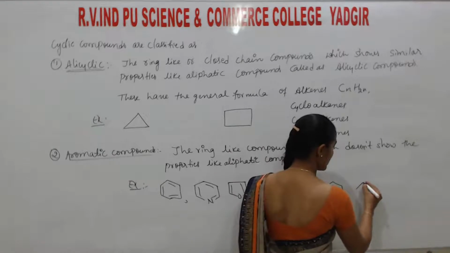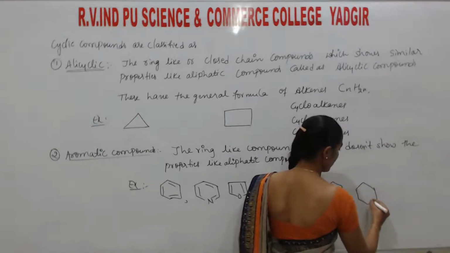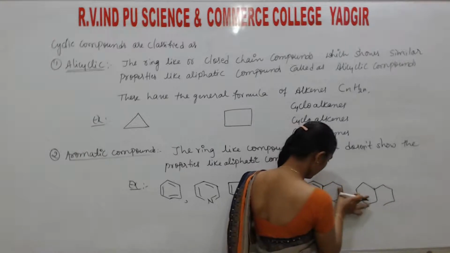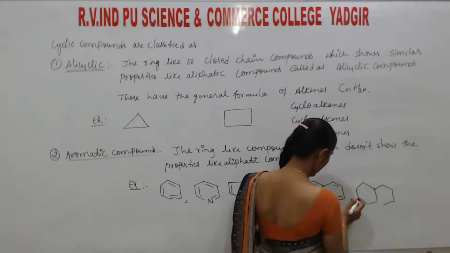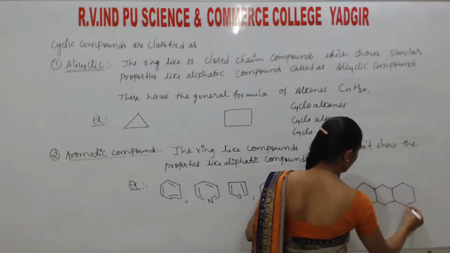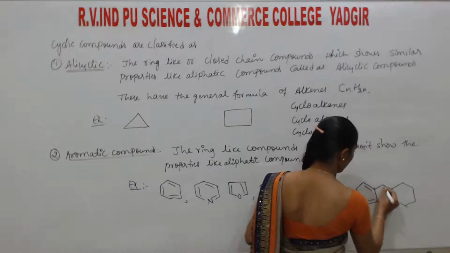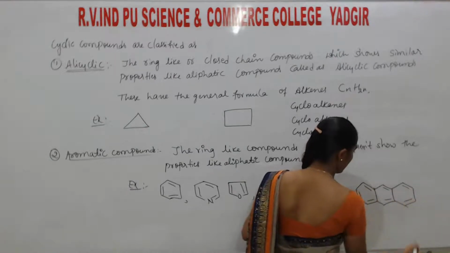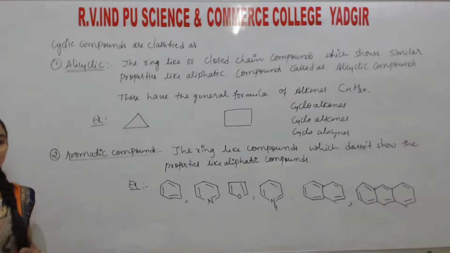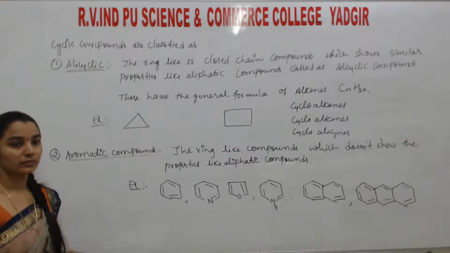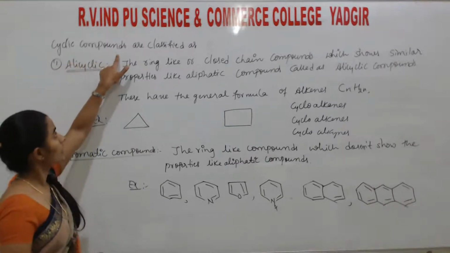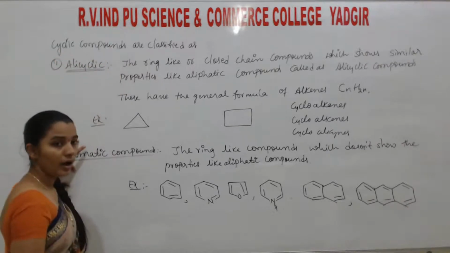Okay, anthracene is also there. So these are the examples of aromatic compounds. Understand? So this is the classification of cyclic compounds, alicyclic and aromatic.